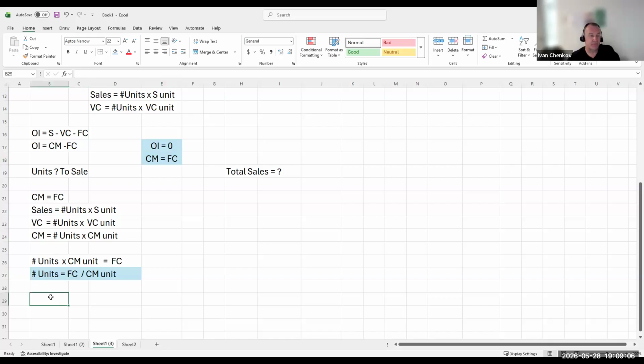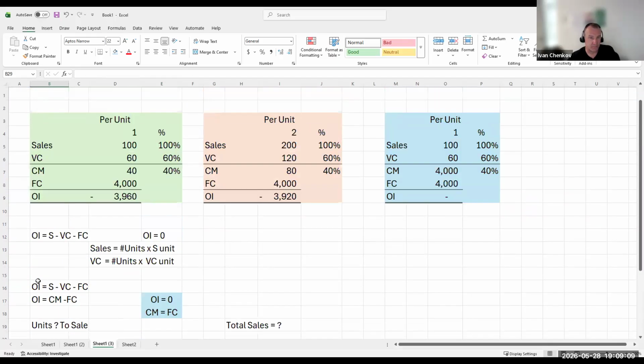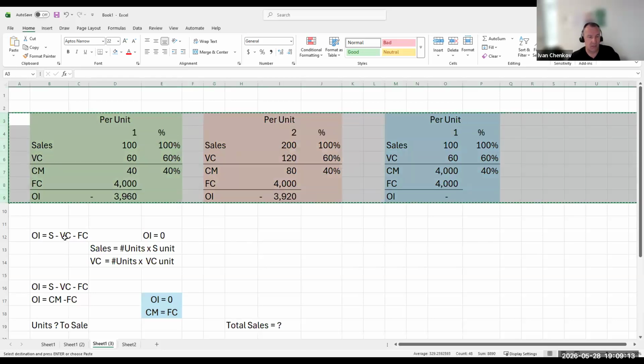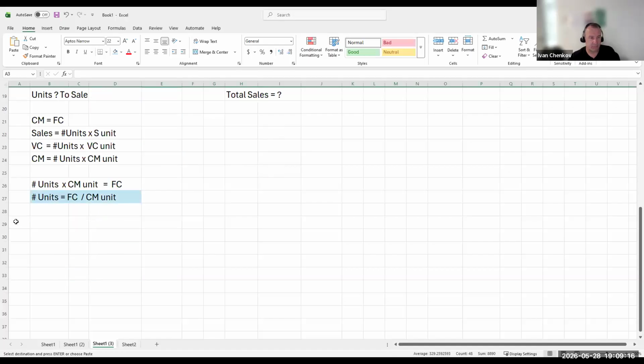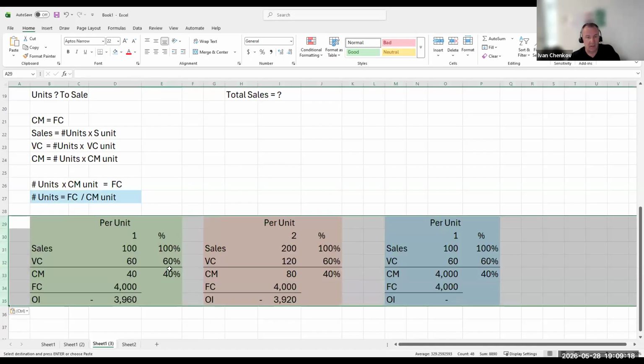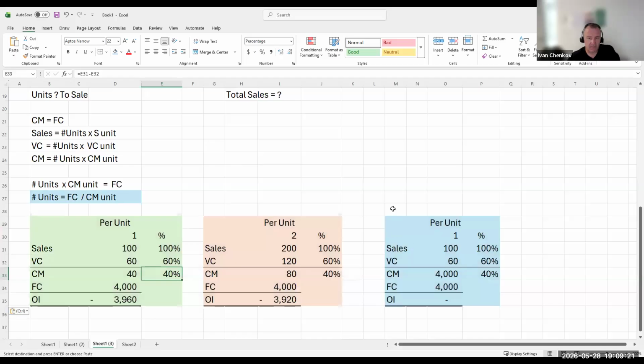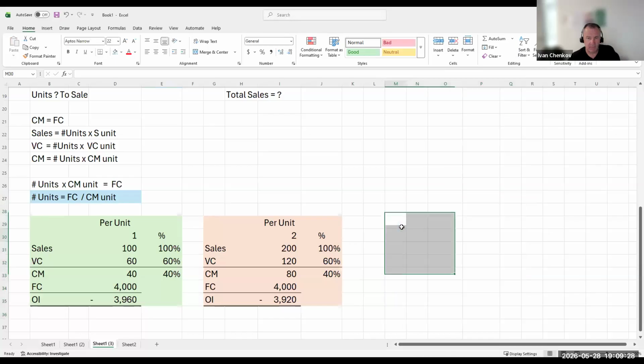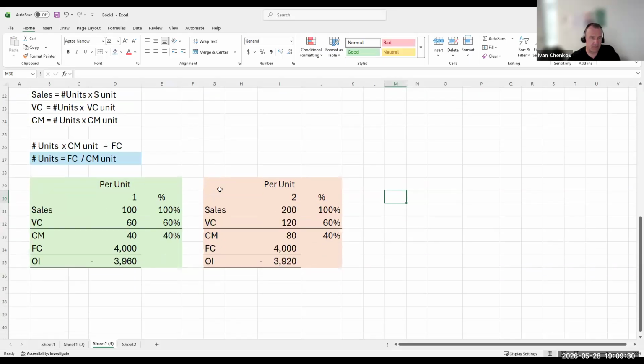Now let's see if this formula is actually going to work. What I'm going to do is copy the scenarios and flip it here. So in our scenario, what we have are fixed costs which are equal to $4,000.